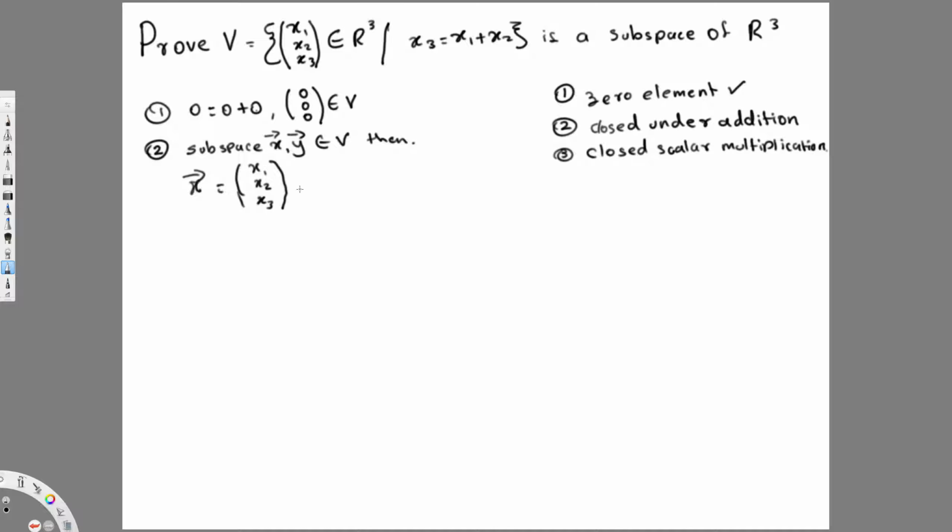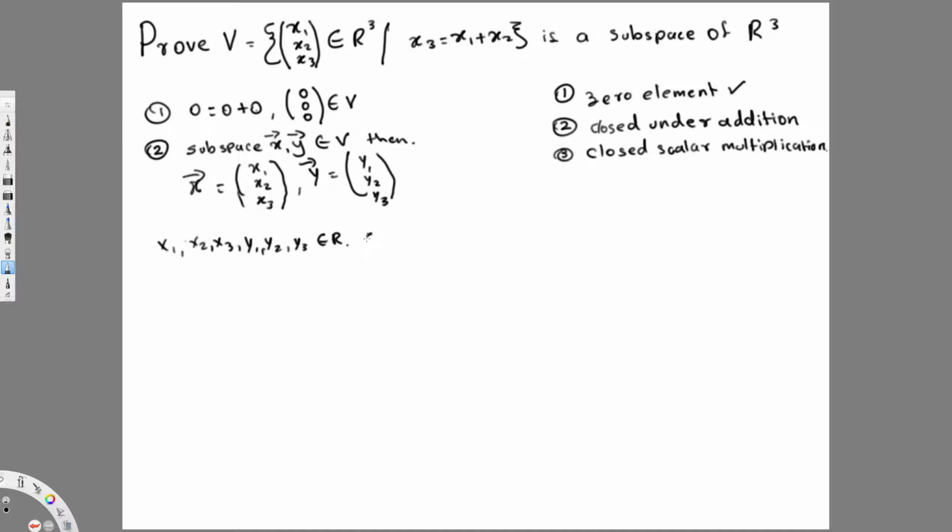In order to do that, I have to take random three variables. For example, I take y as y1, y2, y3. We know all of them are real numbers. So x1, x2, x3, y1, y2, y3 belong to R.